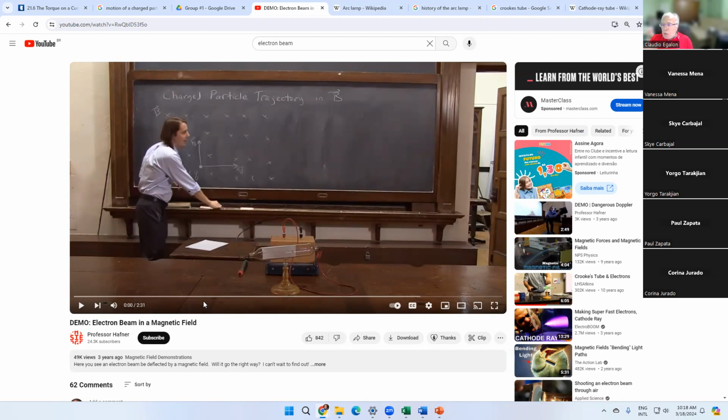People came to the conclusion that those particles were negatively charged after experimentation in the 1800s. That's when the Crookes tube was invented, which later evolved into what we call today the cathode ray tube, used in the early TV models and the early computer screens as well.